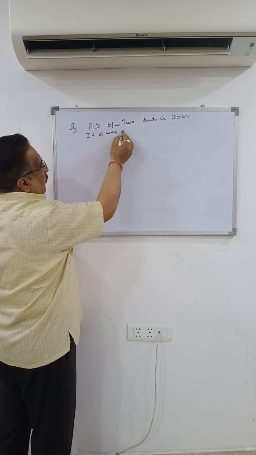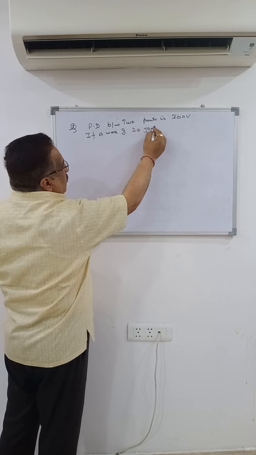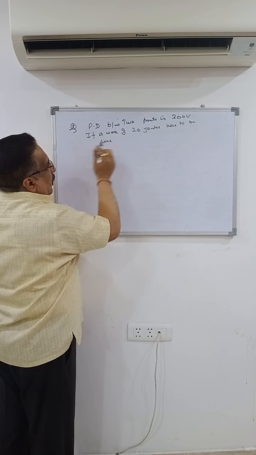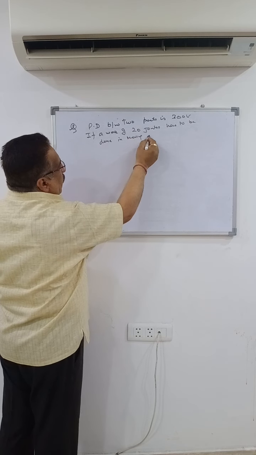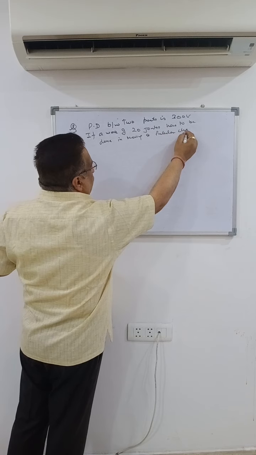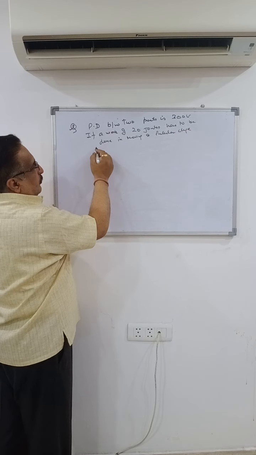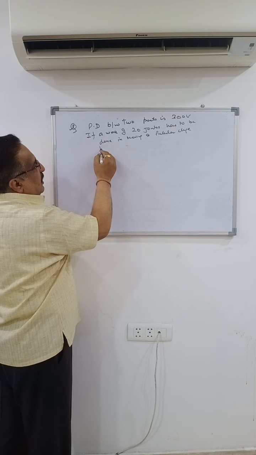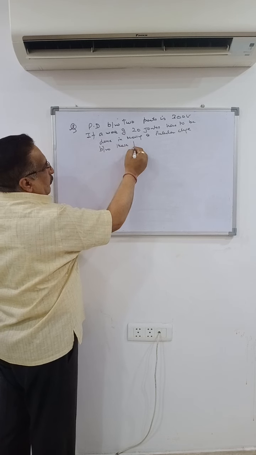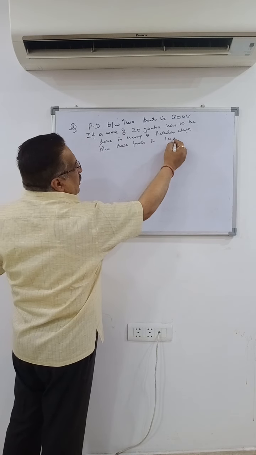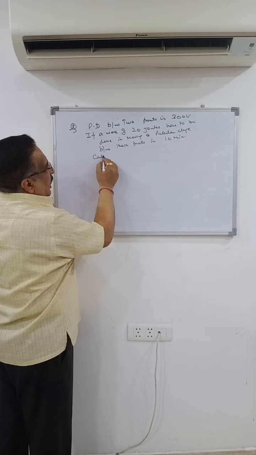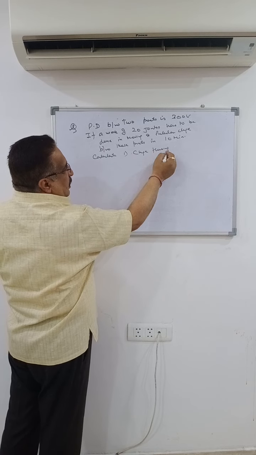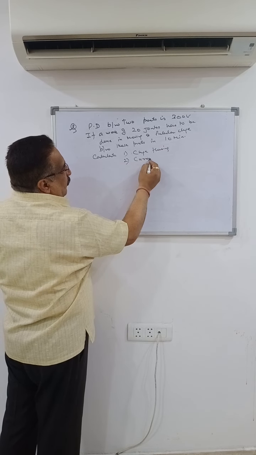If a work of 20 joules has to be done in moving a particular charge through these points, or you can say between these points, in 10 minutes, calculate number 1, charge flowing, number 2, current flowing.